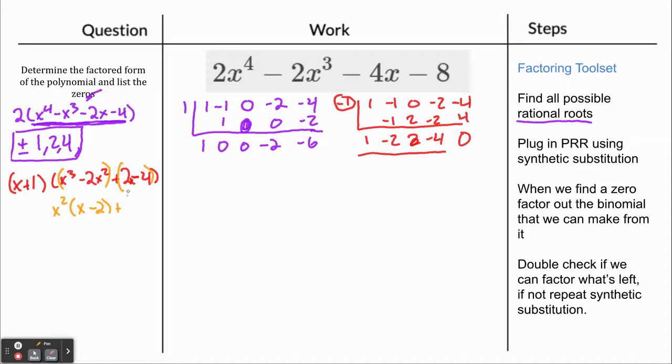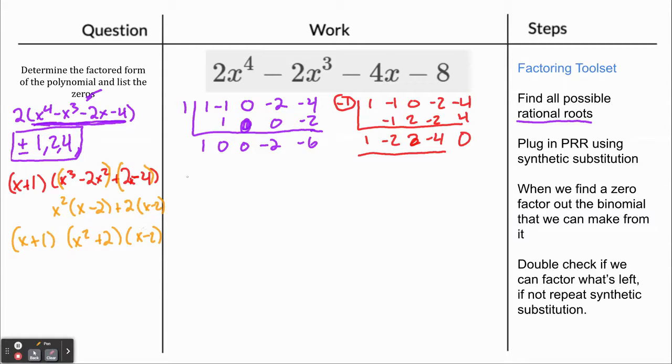On this one, I can factor out a 2, which gives me x minus 2 also. Because I have the same factor, x minus 2, I can take that out, which gives me x squared plus 2 and x minus 2. And so I get x plus 1 times x squared plus 2 times x minus 2.